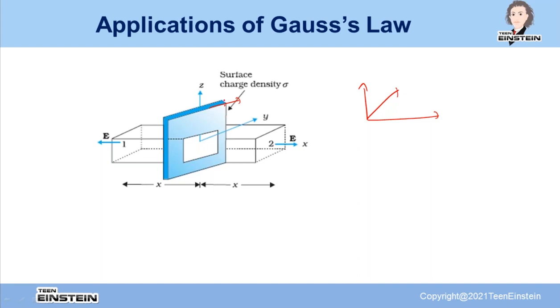So an infinite plane sheet means you have two dimensions infinite and the other dimension finite, or very nearly equal to zero. That's why you have a very thin sheet. If you take a thin metal plate, suppose 1 meter this way and 1 meter this way, that can act as an infinite plane sheet.